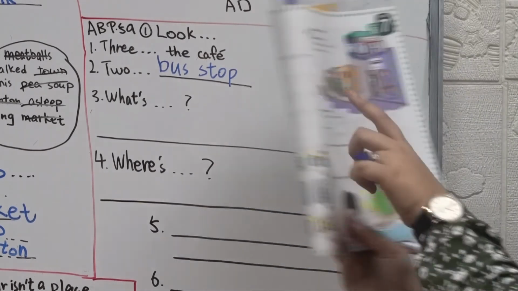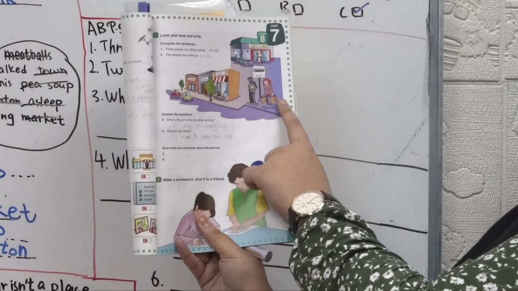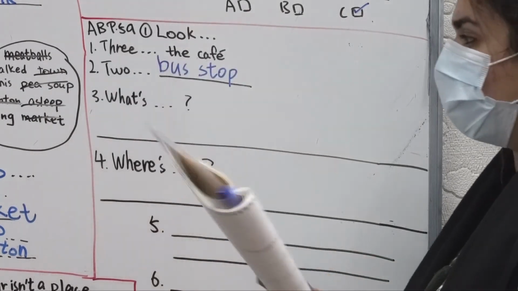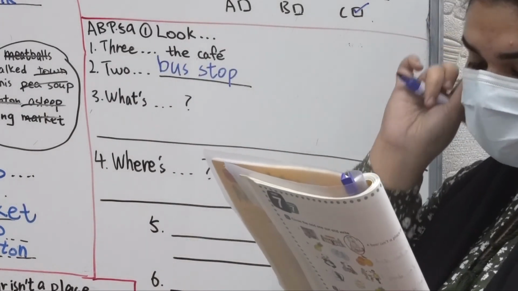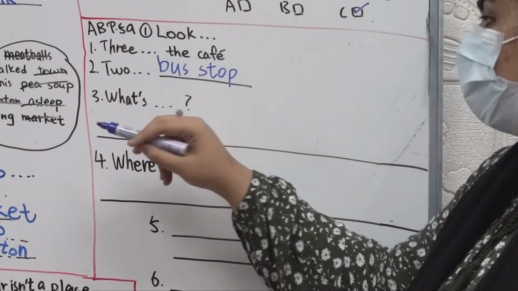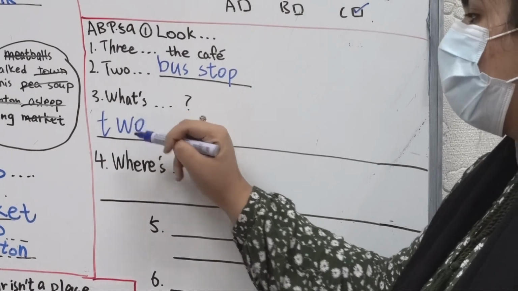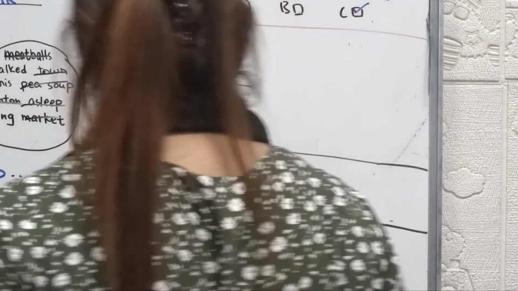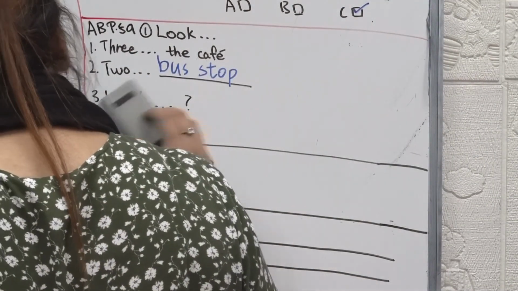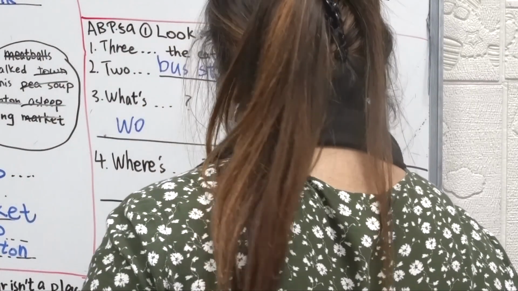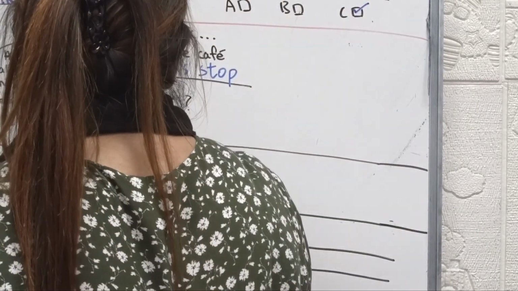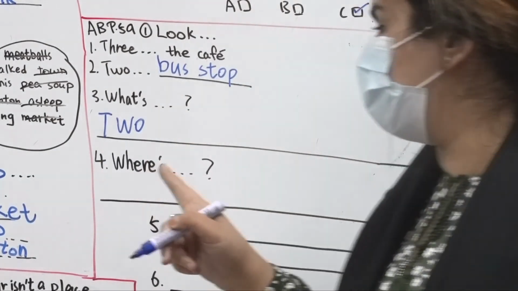We call them shopping bags, alright? Yes, so here are the 2 bags, right? We call them shopping bags. So let's write 2 shopping bags. So 2 is spelled as T-W-O. You don't have to write in sentence, but you just have to answer the question, right? It didn't say you have to answer in full sentence.